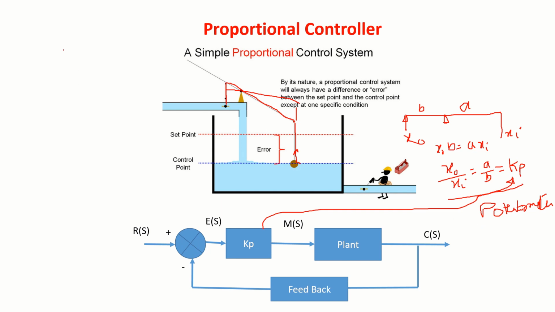Now in this case, let us say G of S is equal to 5 divided by S plus 1 is the plant transfer function. Just say this. Then assume it is unity feedback, and GC of S will become 5K S plus 1.